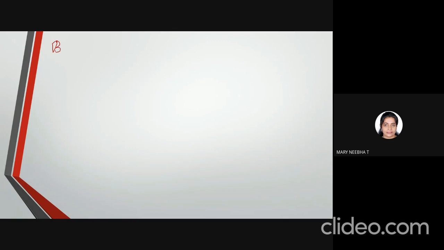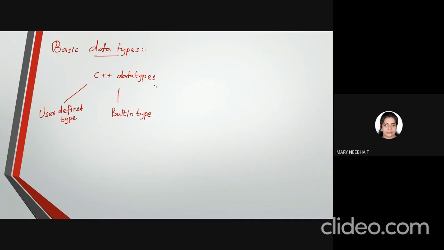Then we'll see in detail about the basic data types. We have already used a few data types. C++ data types are broadly classified into user defined type, built-in type, and derived type.